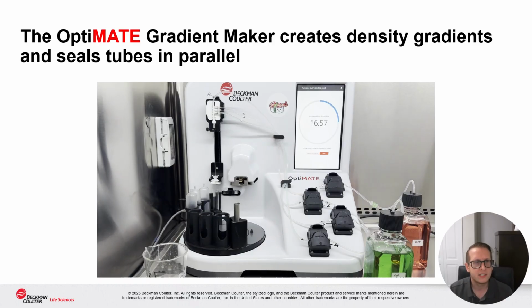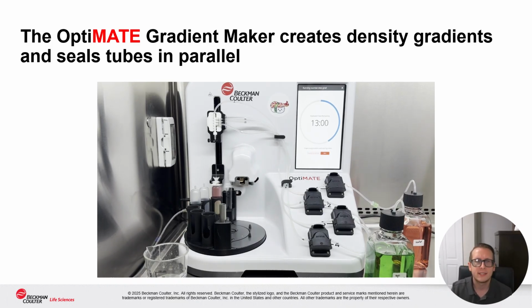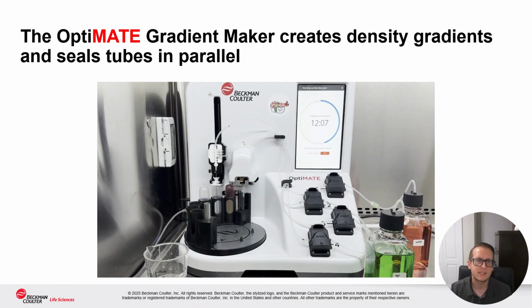And so the instrument is first going to check whether the components and tubes are set up as expected or as defined in the method, and then it will begin dispensing, as you can see now. And so it fills most of the tube, and then it has a top-off function. And this basically ensures that the tubes are filled completely, so they don't have to be weighed, assuming you have equal components in opposing tubes.